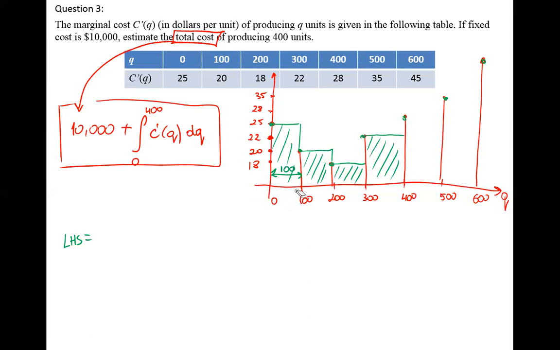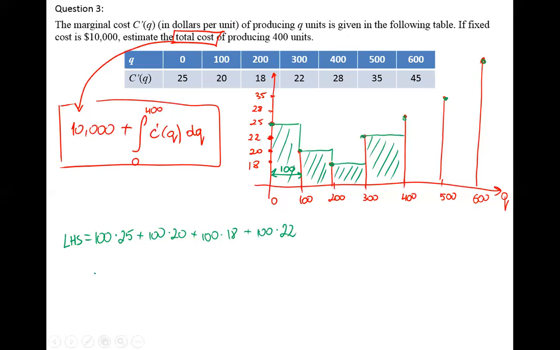That means the base of this rectangle is 100. 100 times the value, 25. Okay, and then another 100 times the value for 100, 20. 100 times the value for 200 was 18. And another one, value for 300 was 22.